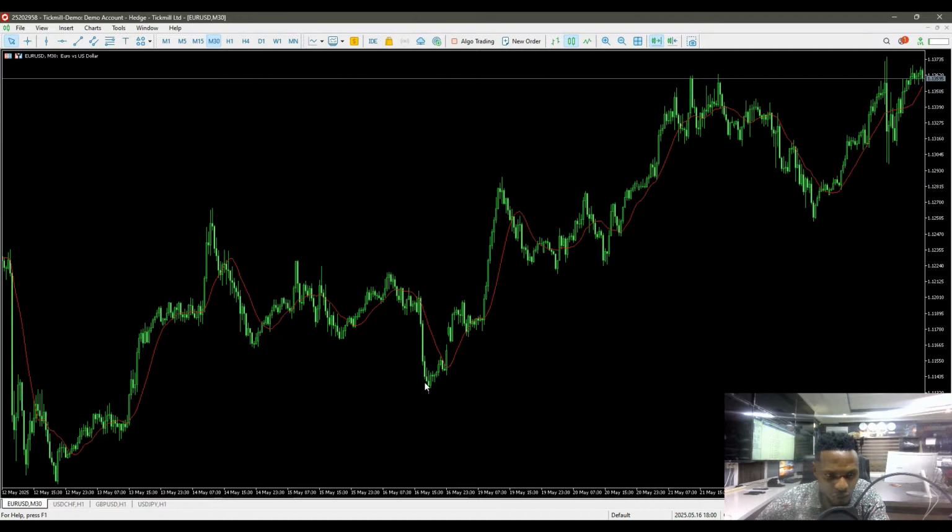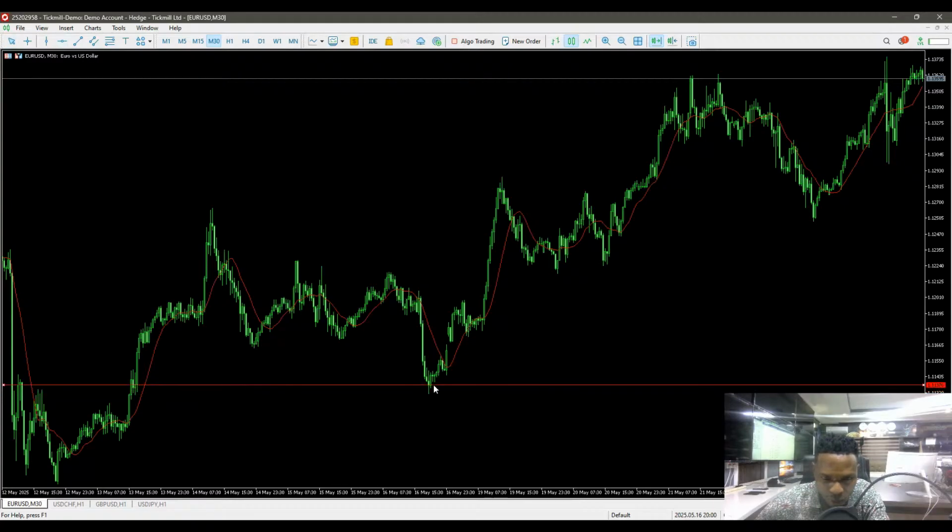So let's assume that you pick this. I take a horizontal line. I'm picking this. And also you can use the low or the high of the candle, or you use the body of the candle. Anyone you want to use, just follow it. It's still the same thing.